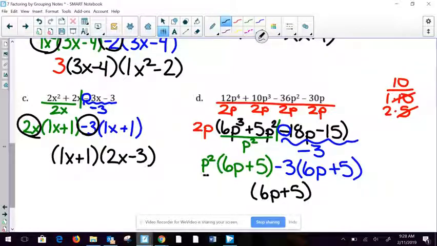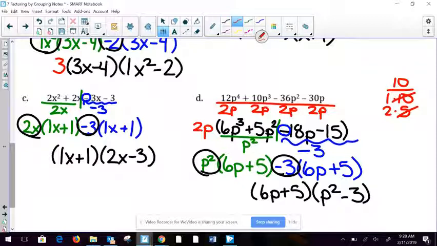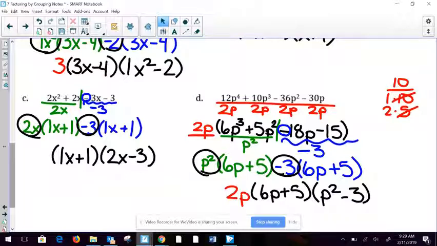And who are all my outsiders? Well, that P squared and that minus 3. Uh-oh, what am I forgetting? You guessed it, that GCF I divided in the beginning. So don't forget that 2P. Because again, in order to factor this correctly, I should be able to expand this all out and multiply to get back to where I started.